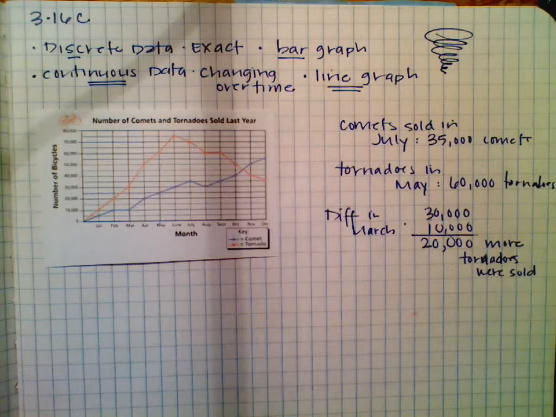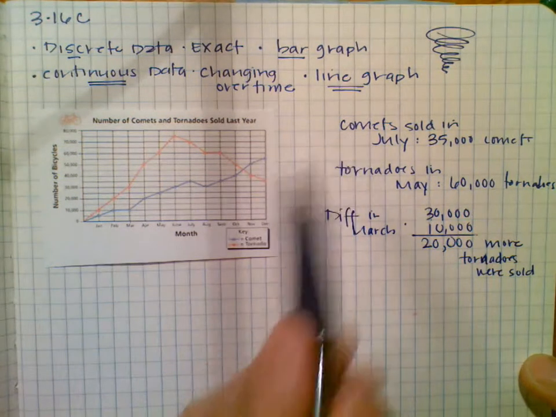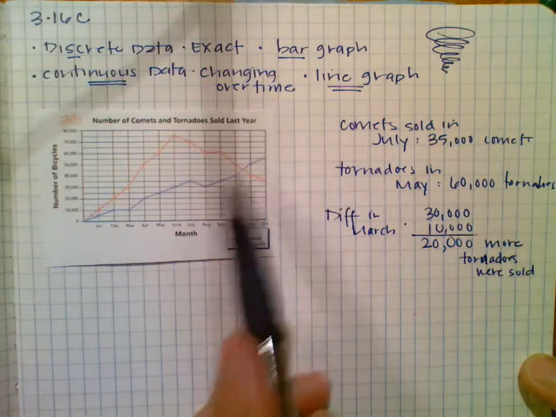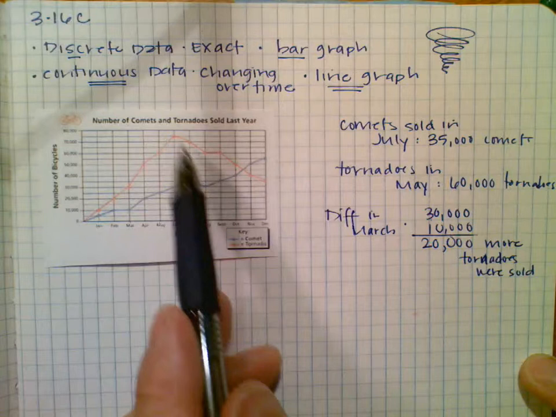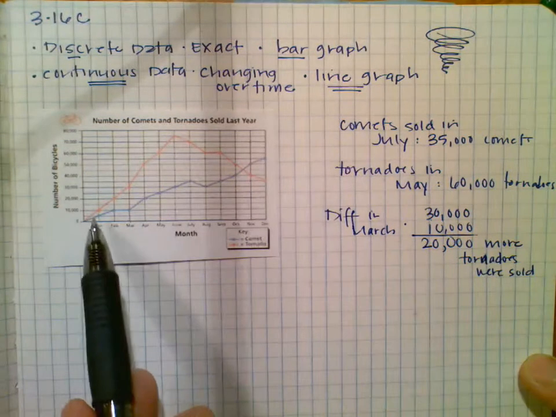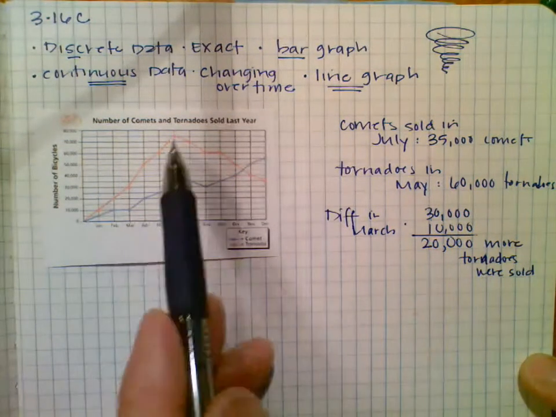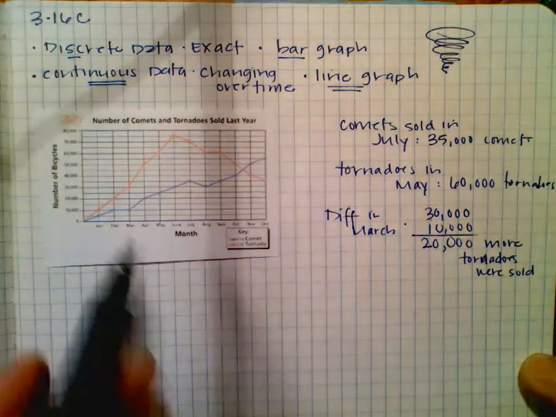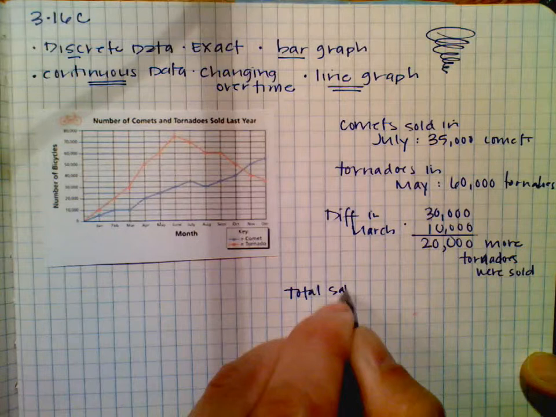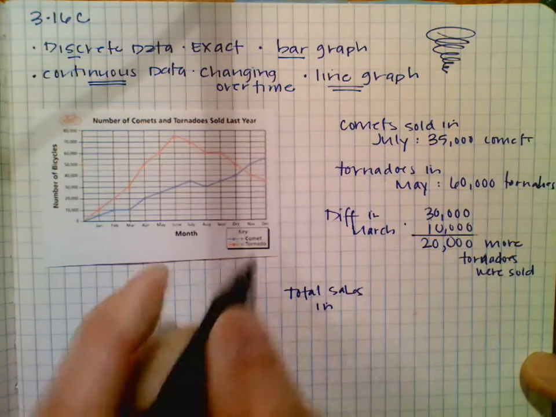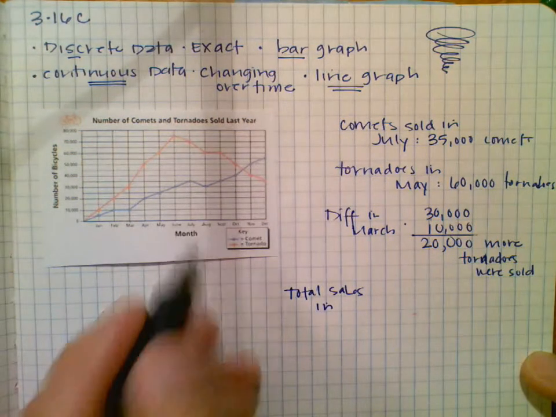Okay, so we can look at this double line graph just as a single line graph to see either the comet or the tornado, or we can look at it as double to see the differences. We could also use it to see total sales in, let's just say, August.